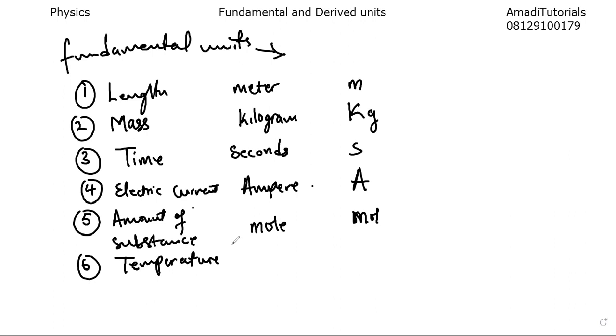Temperature plays a very critical role because it's through manipulation of temperature that we are able to cook meals, do chemical reactions, and do a lot of things. So temperature is very fundamental, it needs measurement, and it has its equipment for measuring. The unit for measuring temperature is Kelvin, and the symbol for Kelvin is capital K. And the last one we'll look at is luminous intensity.